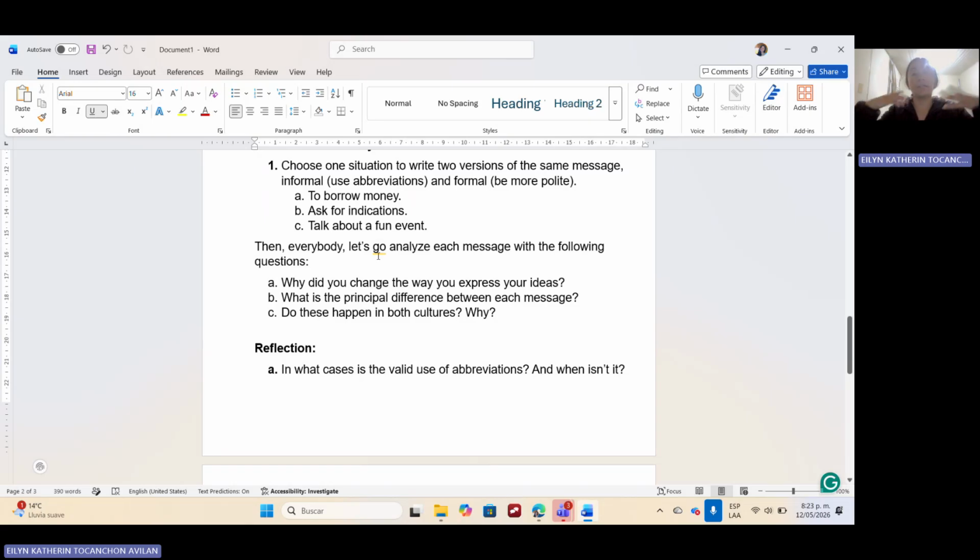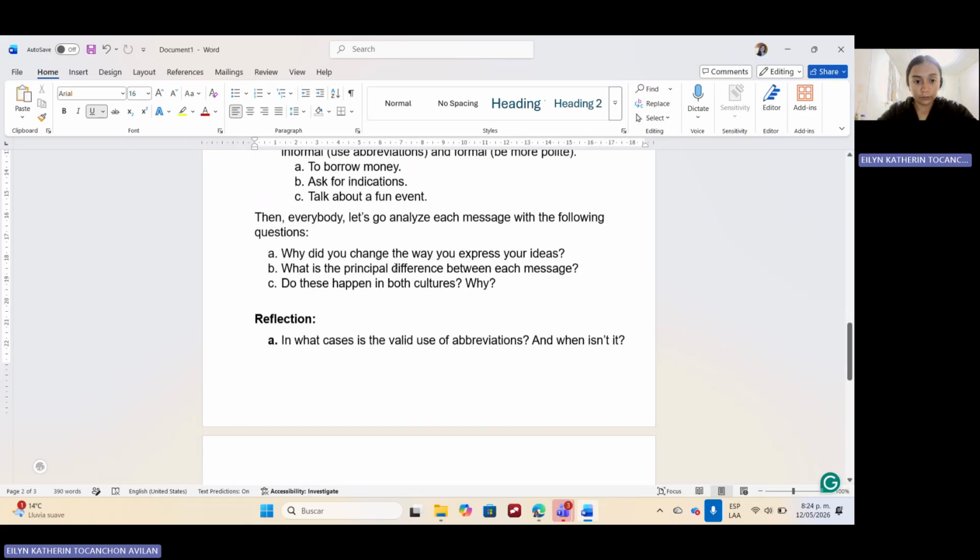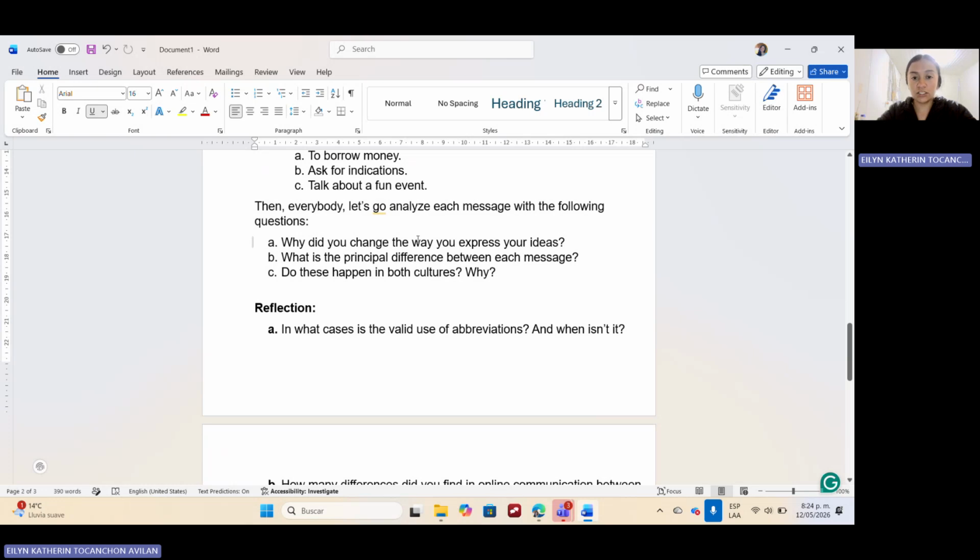Then when the activity is finished, they need to share the 2 texts and compare. The classmates need to analyze what changed, and to help the analysis, we need to answer: how did you change the way you express your ideas?